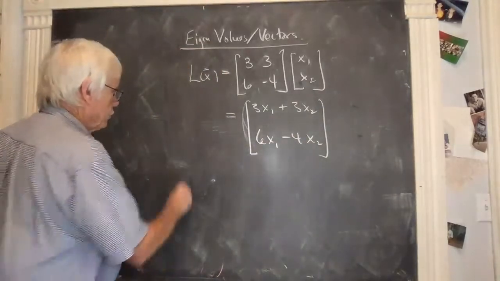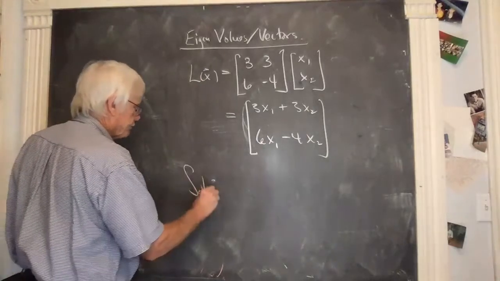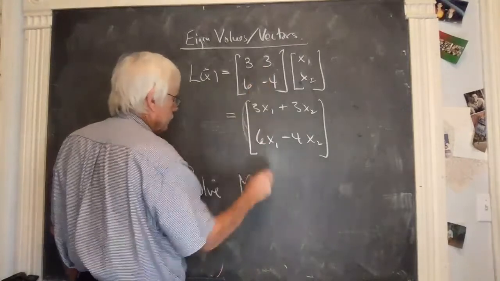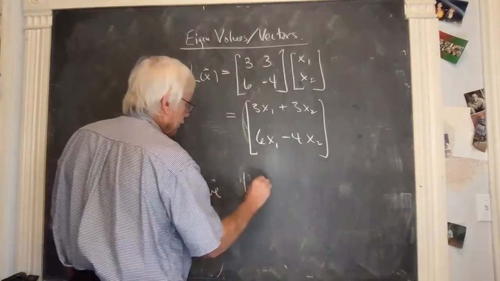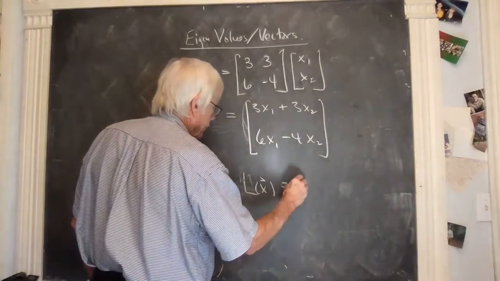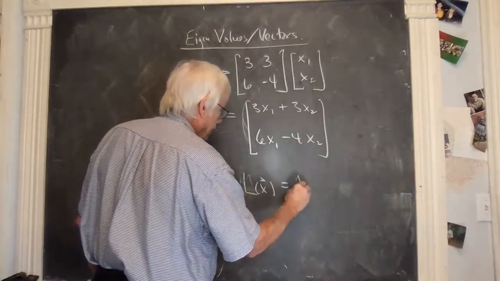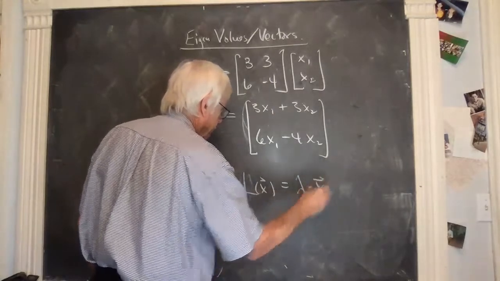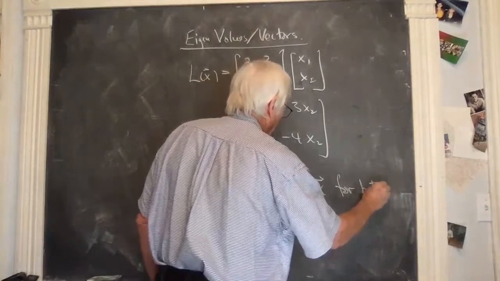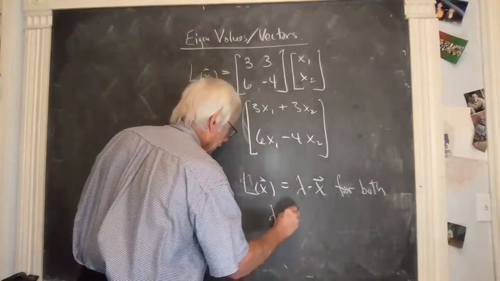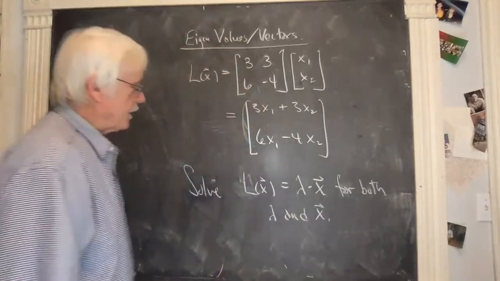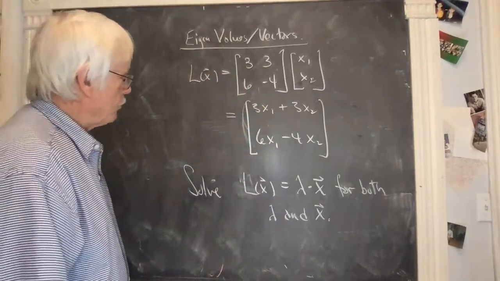And what we want to do is solve L of X equal lambda times X for both lambda and X. So it looks like we got plenty of variables here, maybe too many for the problem.